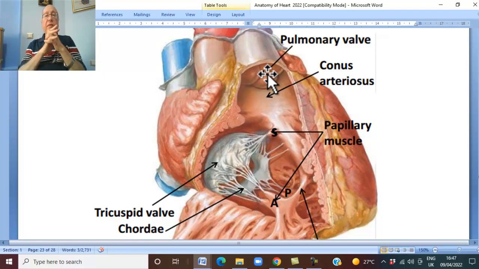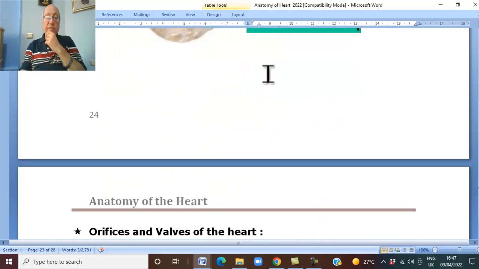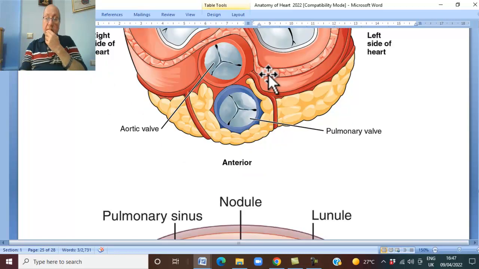What is the pulmonary valve? The pulmonary valve consists of three semilunar cusps. Each cusp is semilunar.